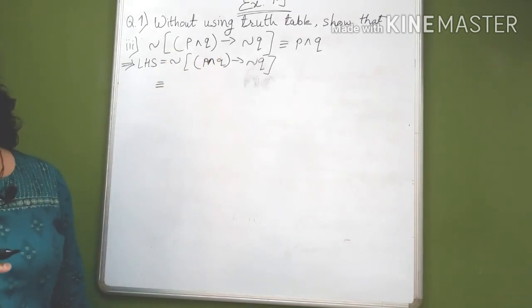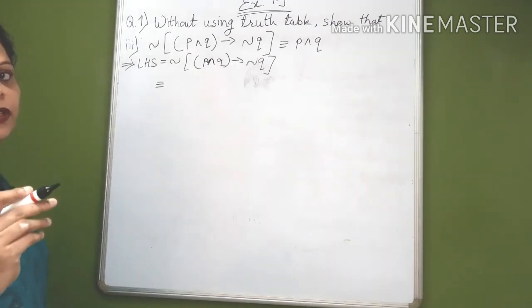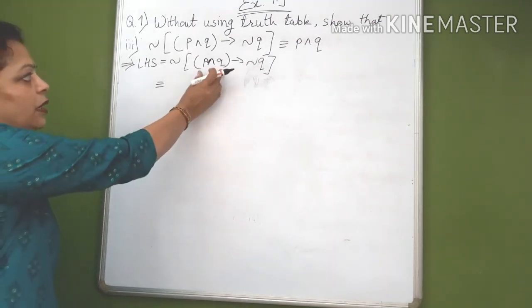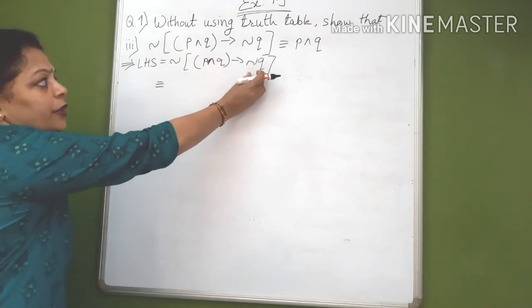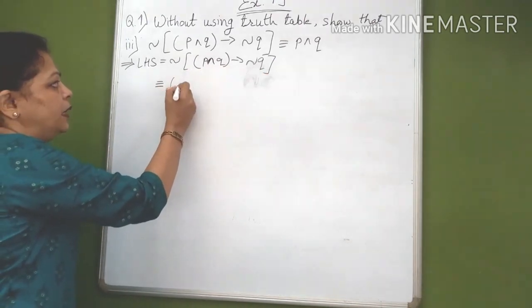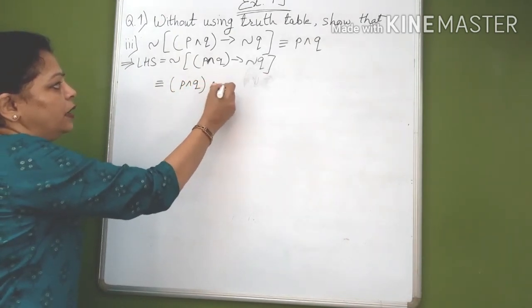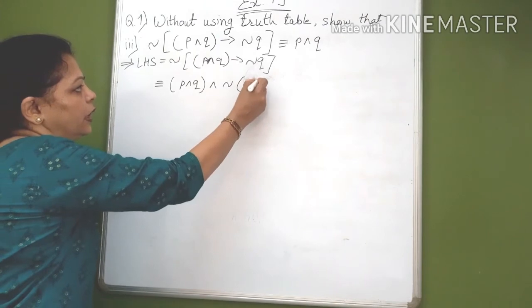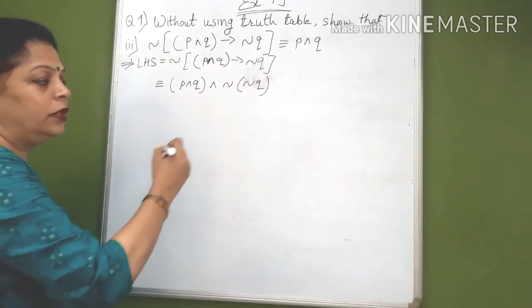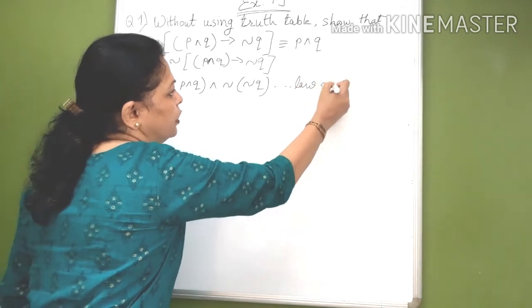And negation of (P implies Q) is P and negation Q. Here P is this bracket and Q is negation Q. So this is same as (P and Q) and negation of negation Q. This is your law of negation of implication.